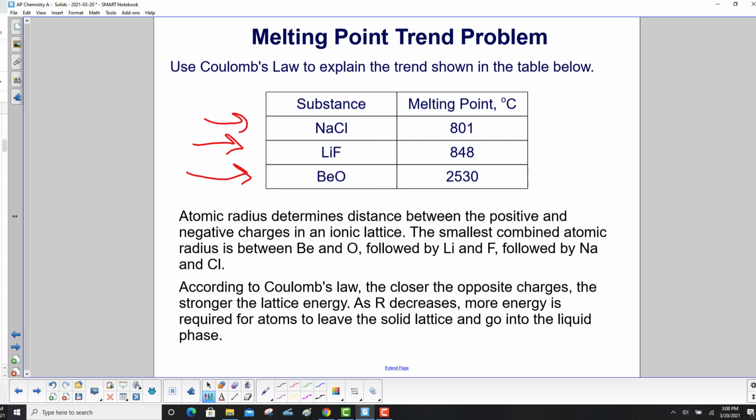According to Coulomb's law, the closer the opposite charges, the stronger the lattice energy. So as R, which is the distance between the ions, decreases, more energy is required for atoms to leave the solid lattice and go into the liquid phase. So we have the melting point increasing in this direction as the ions get closer together.